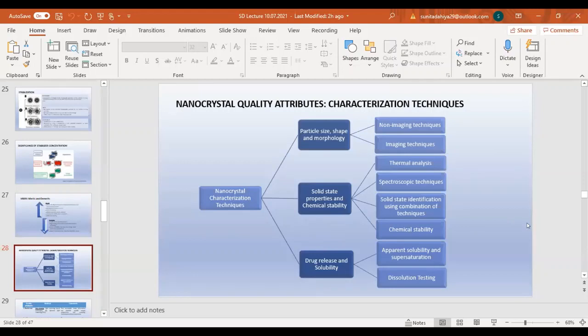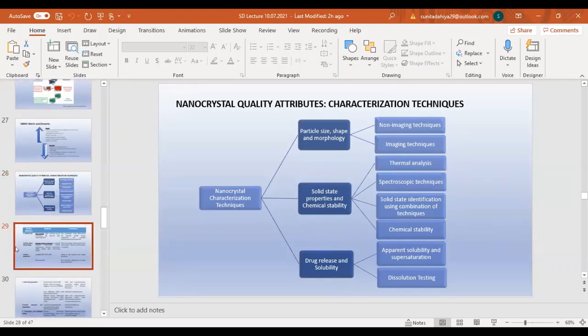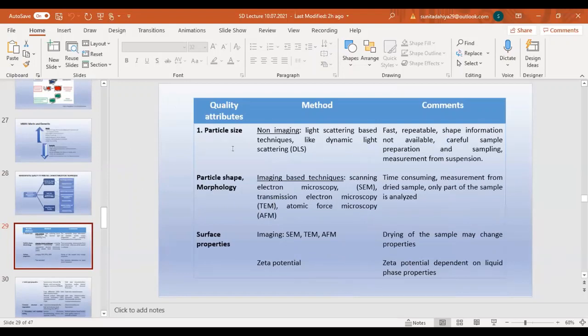So various imaging techniques, non-imaging techniques, thermal analysis, spectroscopic techniques, or chromatographic methods are used. And for the drug release, you can use solubility and dissolution testing. Now, for particle size using a non-imaging technique, DLS, dynamic light scattering, is a very widely used method for particle size determination.